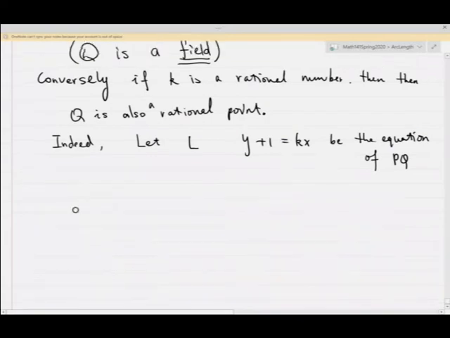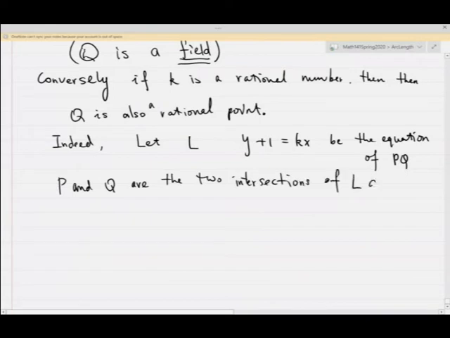Q is the intersection of PQ. Remember the 2 points P and Q, the 2 intersections of L and the unit circle. I.e., the coordinates of P and Q should satisfy the equations.